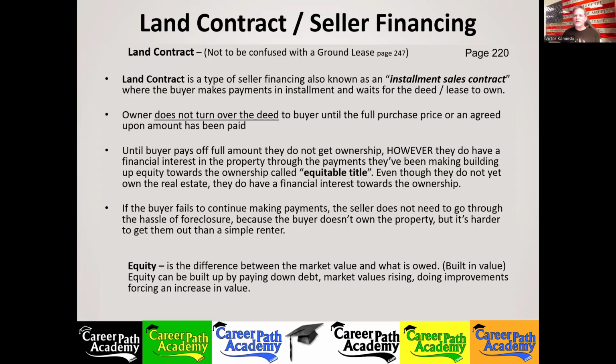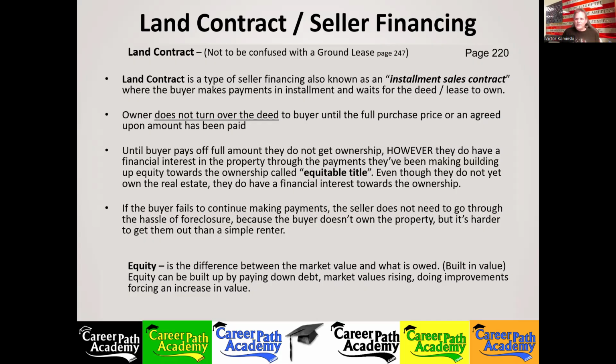So if the buyer ever fails to continue making payments, the seller doesn't have to go through the long, drawn out, expensive process through the court system called foreclosure to regain the ownership of the property that's pledged as collateral for the loan, because you don't own the property. They never signed over the deed to you. So the seller doesn't have to go through the hassle of foreclosure because the buyer doesn't own the property. But it's harder to get them out than a simple renter. So you're more than a renter, less than an owner.